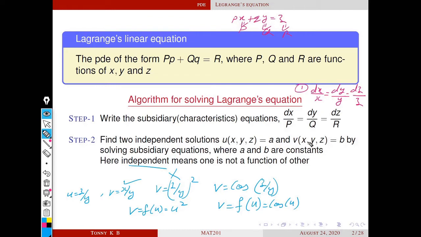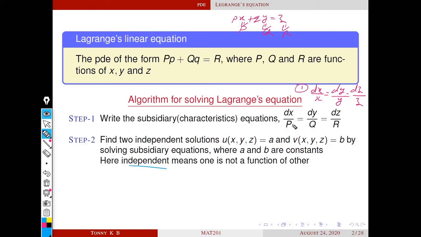One of them is not a function of the other. Anyway, by solving these subsidiary equations, we get u equal to z by y and v equal to x by y. We will see this in detail in the coming slides, so you don't worry.